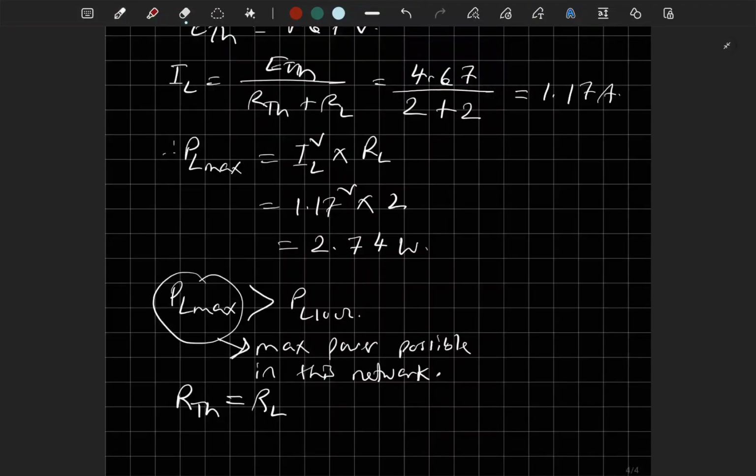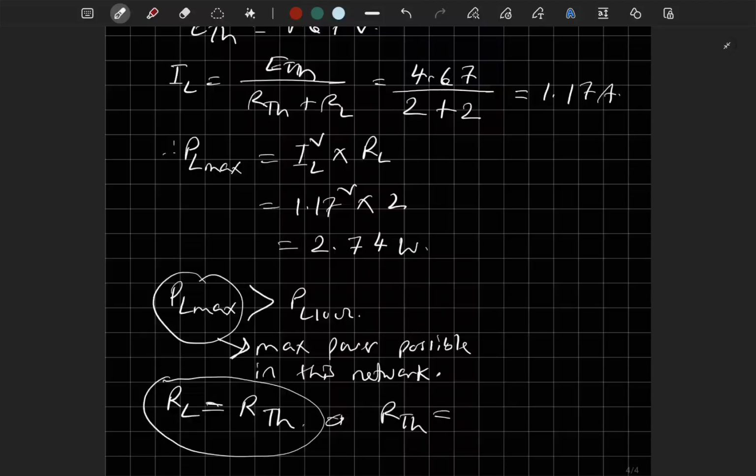Actually, it's supposed to be RL equal RTH, but you get it's the same thing, because RL is our effect and RTH is the cause. Okay, RL is equal to RTH. So that's the condition for maximum power transfer, and this is the maximum power transfer theorem. And remember, RTH is equal to Rn, so it's interchangeable.